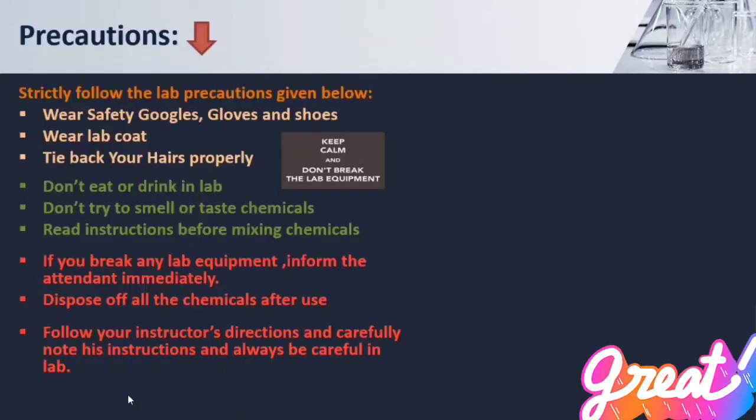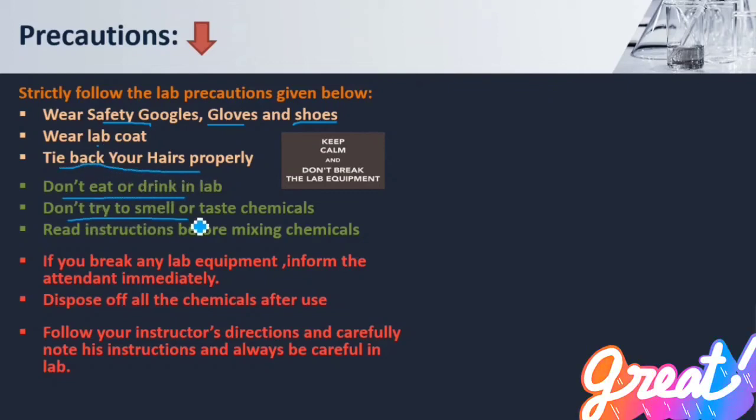So be safe in the lab. Following are the important precautions you must follow in the lab: wear safety goggles to protect your eyes, gloves to protect your hands, shoes to protect your feet, wear a lab coat, and tie back your hair.